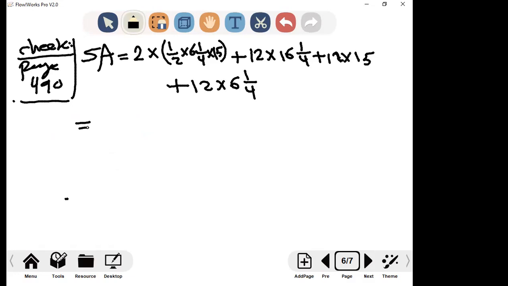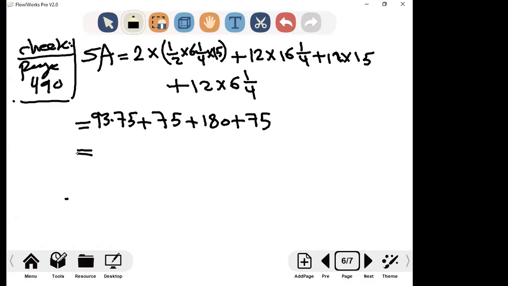I'm talking about the first part, 93.75, plus the second part, 12 multiplied by 6.25. It is 75. The third part here, 12 by 15, it is 180, plus the last part here, 12 by 6 and 1 over 4, 75. Okay? Do you understand? Equal.